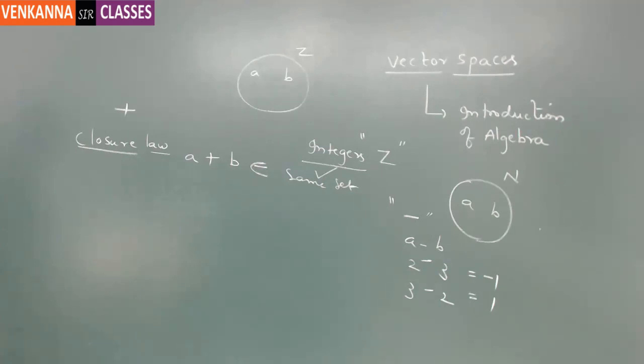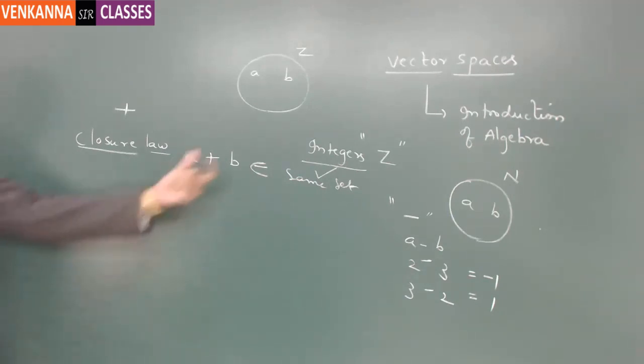Whenever you take any two values, if you apply the operation, the result must belong to the same set. This is the concept of closure law. I have taken one example where closure law holds, and another example where closure law does not hold always. Okay? Any more confusion to anyone? Please tell.